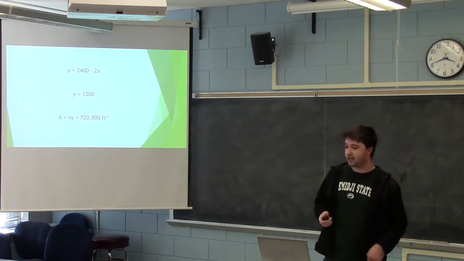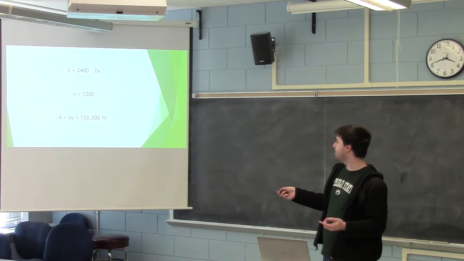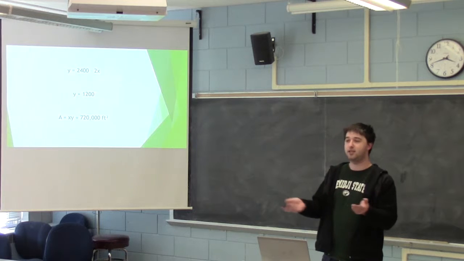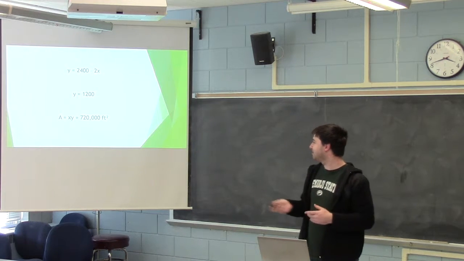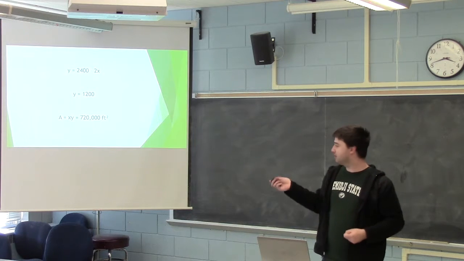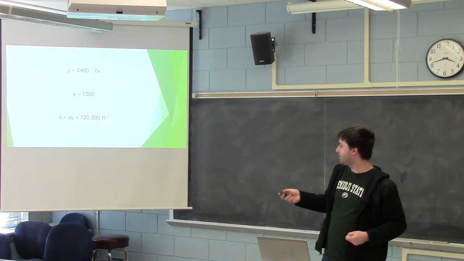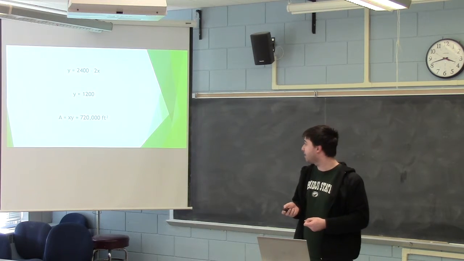And so when I take the two numbers of feet, feet times feet equals feet squared. So the area will equal 720,000 square feet, which covers the maximization of area.